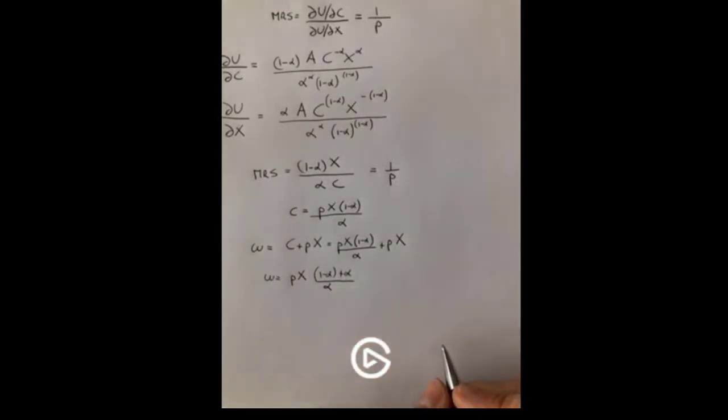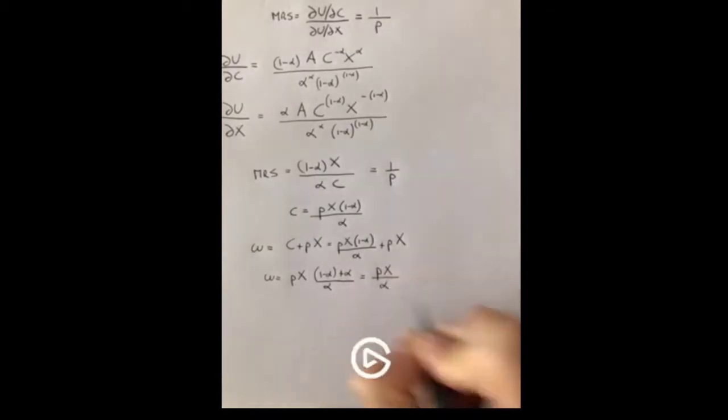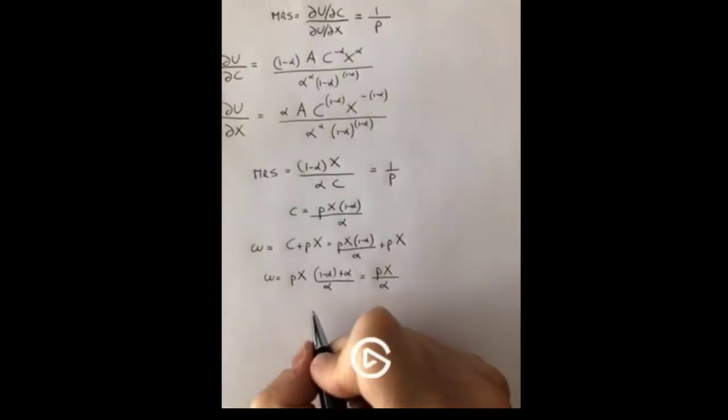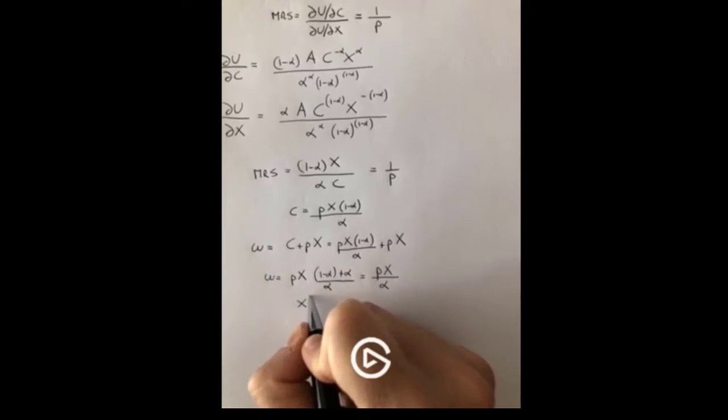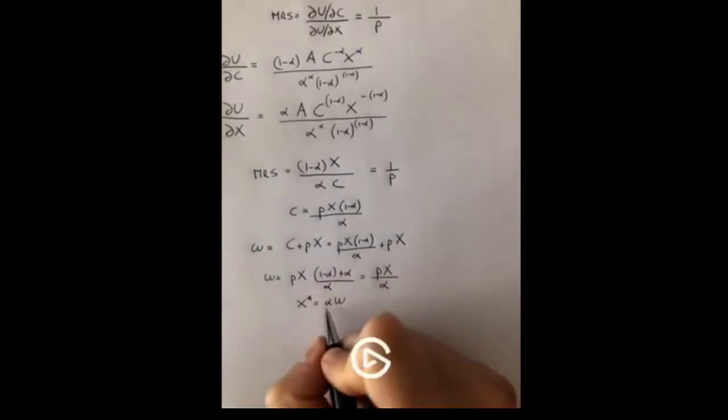And this is essentially equal to Px divided by alpha. So the condition here gives me that the optimal x star as a function of the price and the wage is equal to alpha W divided by P.